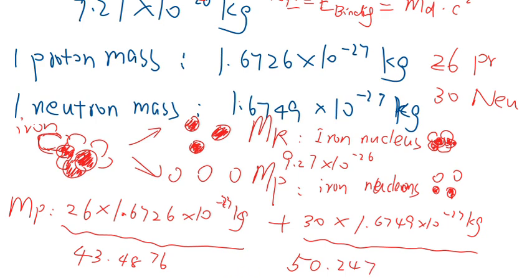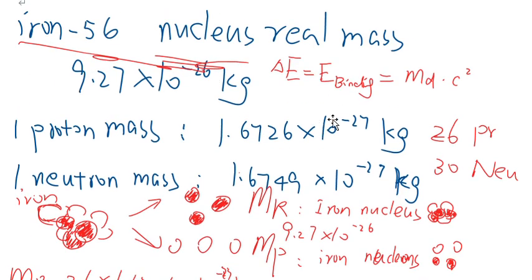And we want to add them up together. Now remember, these two are paired with 10 to the power of negative 27. But our iron nucleus has 10 to the power of negative 26, not 27. So we want to convert it into the same kind of thing.